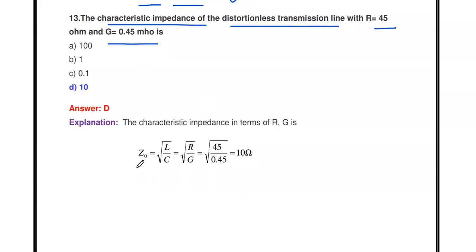Already you know the characteristic impedance formula. What is the characteristic impedance formula in terms of L and C? Is it not the square root of L divided by C? So already you know for a distortionless line, what is the condition?